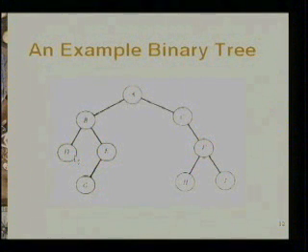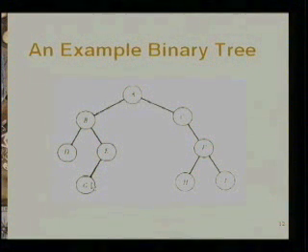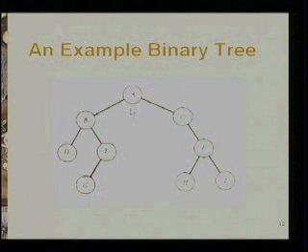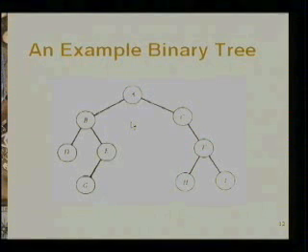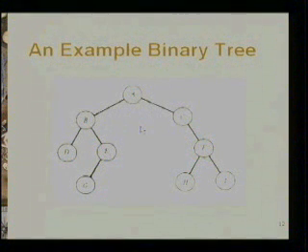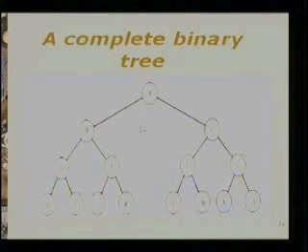Then if you concentrate on E, there is one child for that, which is G. So here you have one subtree for E, and for that subtree the root is G. So when you study this particular figure carefully, you will find that you have a root which is A, and then there are different children for different nodes, but never you have more than 2 children. If you have 2 children or less than that, only then it qualifies to be called as a binary tree. So this is one example for the binary tree.